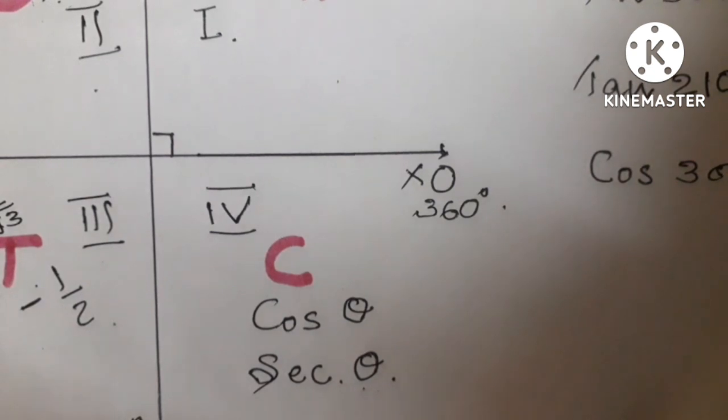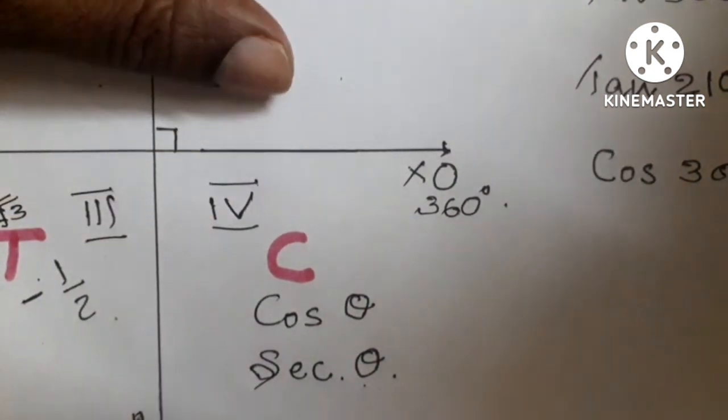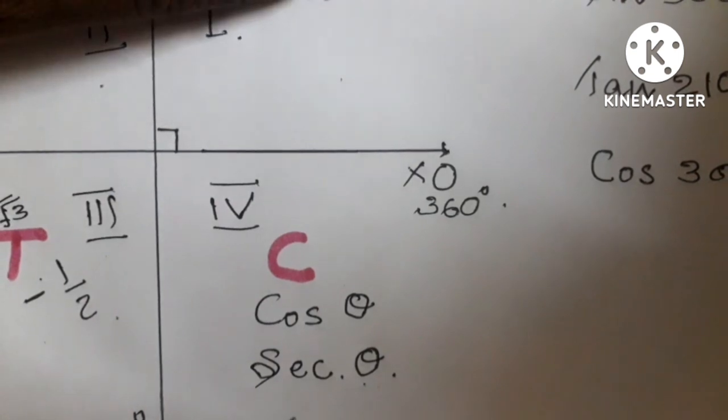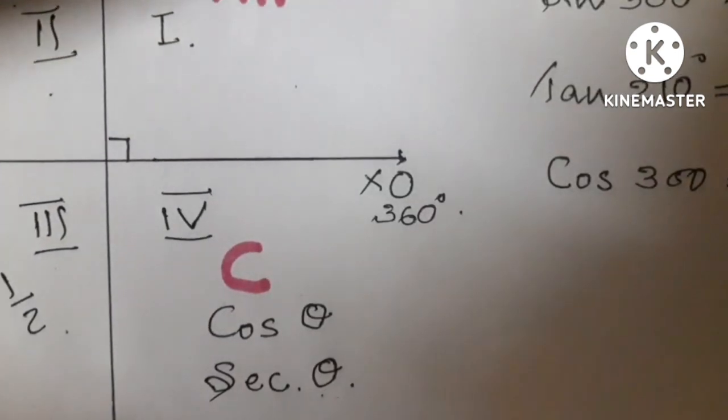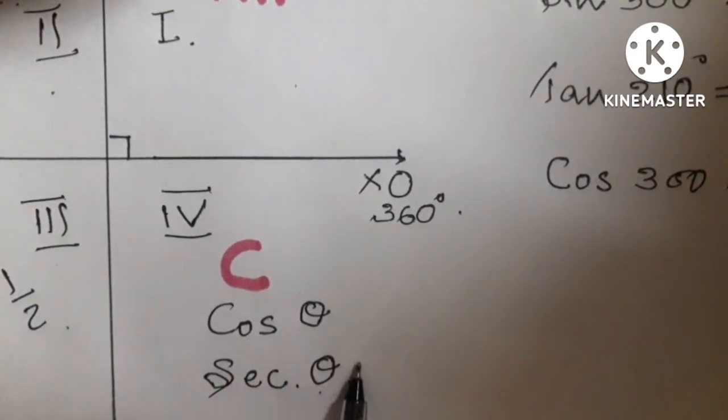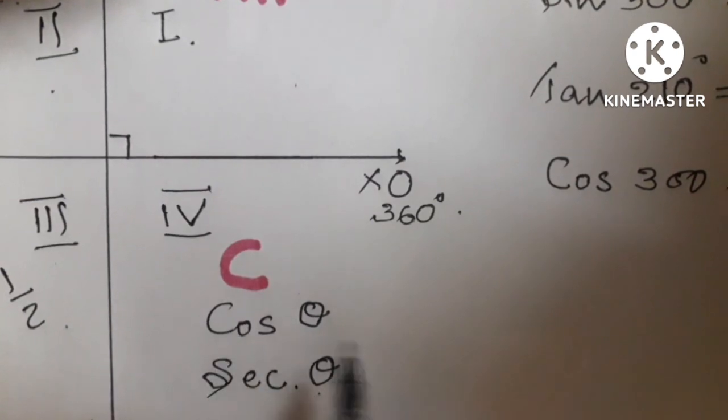For example, sine 300 lies in the fourth quadrant. In the fourth quadrant, only cos theta and sec theta are positive.